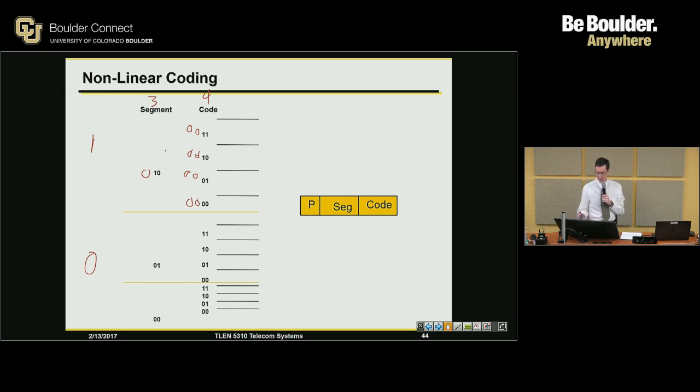So if I get a signal that comes in here, my code would be 0, 0, 1, 1. My segment would be 0, 1, 0, and my polarity would be 1. I'd take that sample, and this is the data that I would send over the network, and this would represent this level up here. So that's taking my PAM and converting it to PCM, pulse code modulation, and this is the code I send for this particular sample.